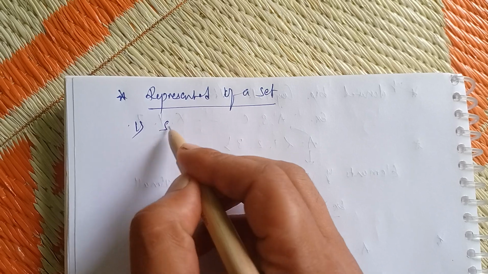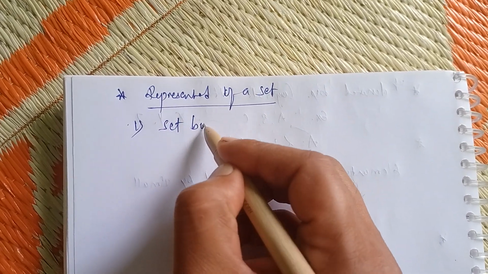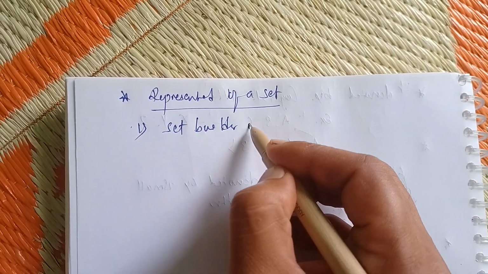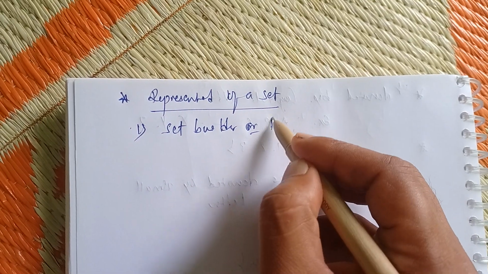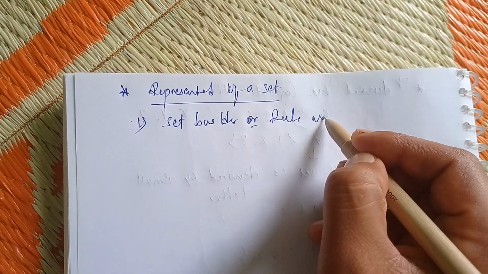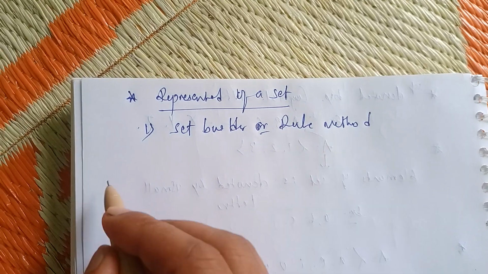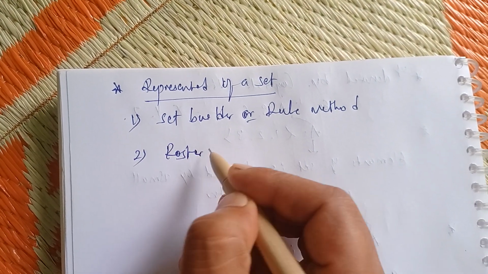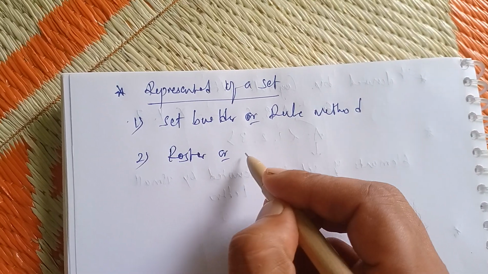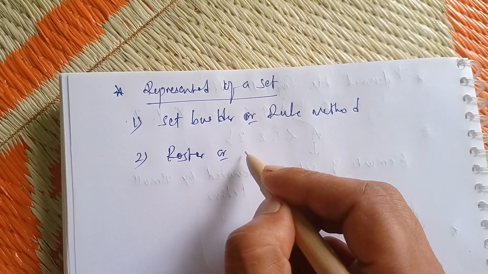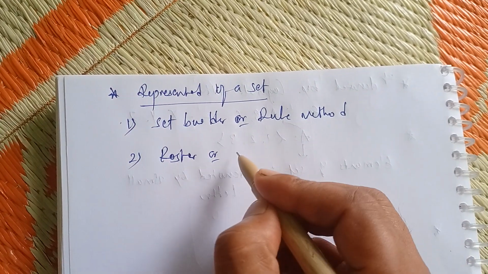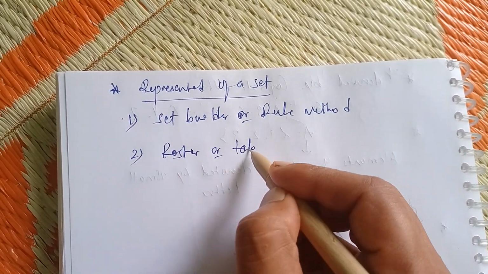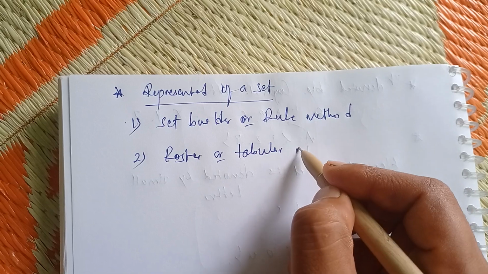One is the set builder method, or rule method. Then one more, the roster or tabular method.